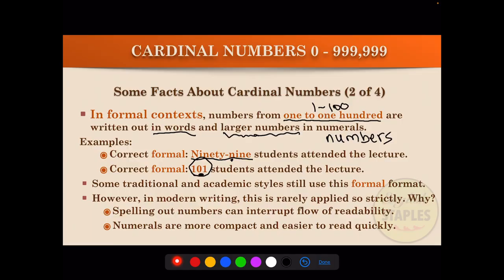Some traditional and academic styles still use this formal format. However, in modern writing, this is rarely applied so strictly. Why? Spelling out numbers can interrupt the flow of readability.